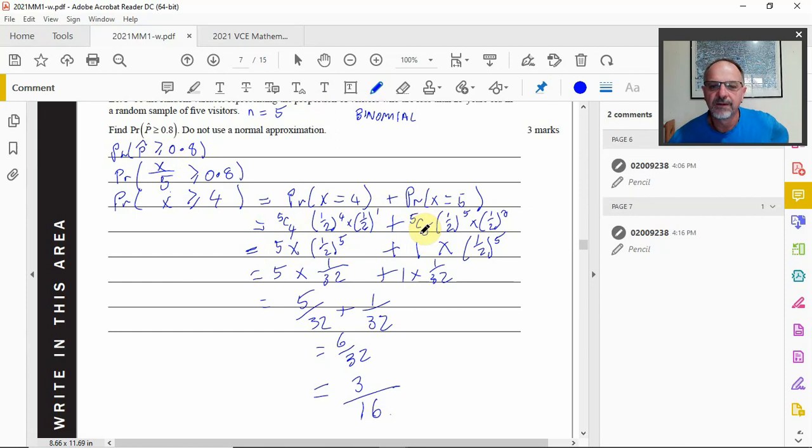You can do it the way I've done it here, or the 5th row of Pascal's triangle can help as well. I won't go into that now. But you need to know ways to work out these combinations if you need to, because you don't have your calculator with you.